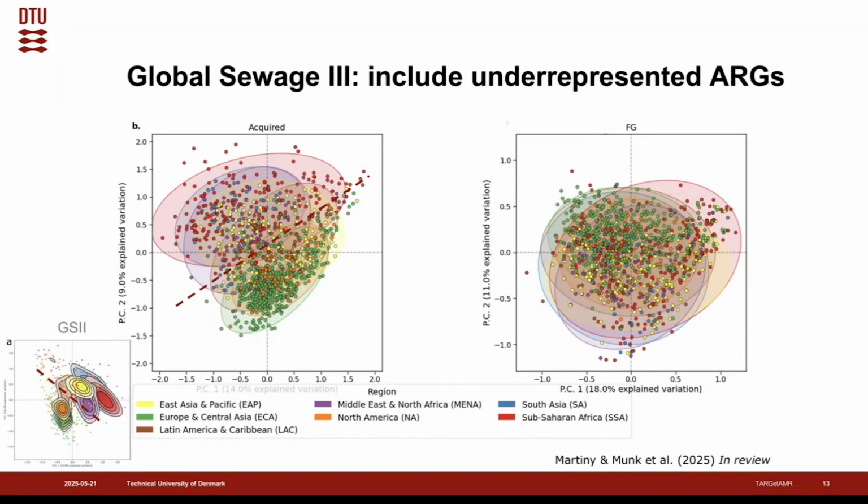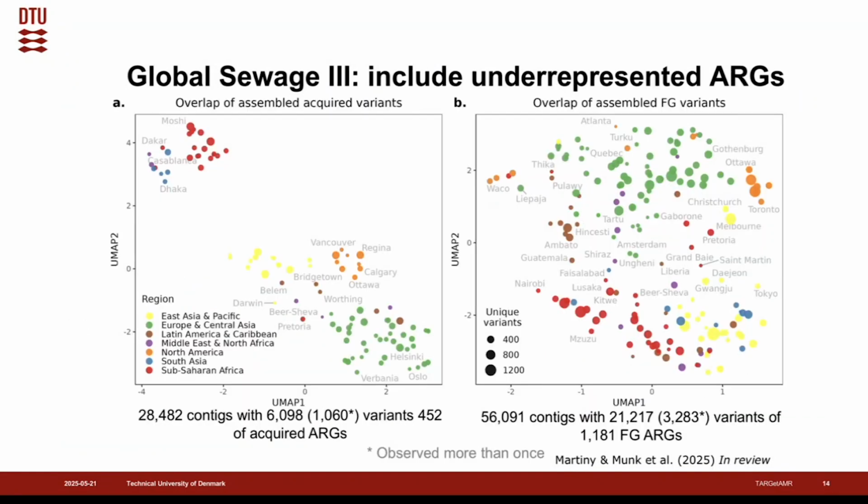And we can also look a little bit in, okay, maybe it's not enough to look at read abundances. We can look at the sample genomes. So here I'm showing our context and what we found in them. So for the acquired resistant genes, we actually found only 452 of them.